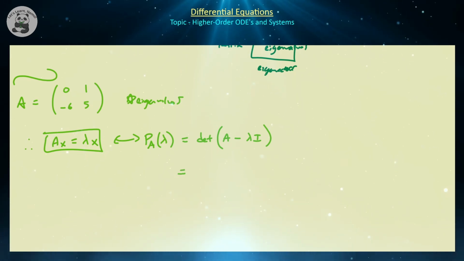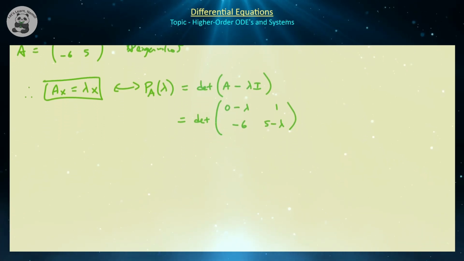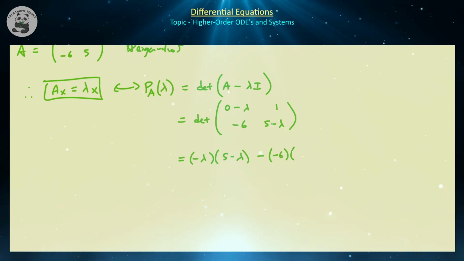So in this particular case, that's going to be equal to the determinant of the matrix 0 minus lambda, 1, minus 6, 5 minus lambda. That's a 2 by 2 matrix, so its determinant is quite simple. That's going to be equal to minus lambda times 5 minus lambda, minus 6 times positive 1, which is just going to be equal to lambda squared minus 5 lambda plus 6.